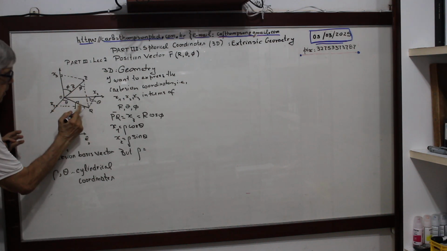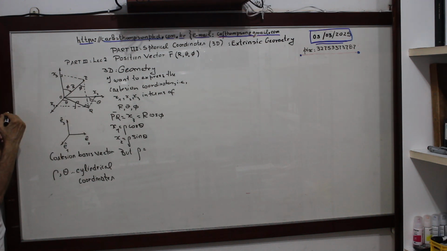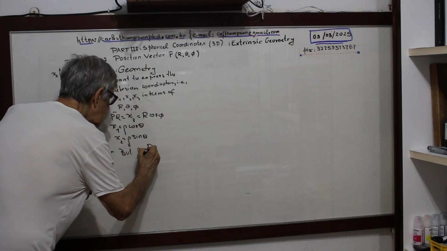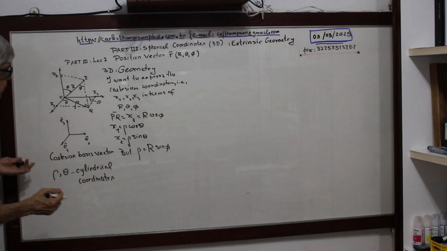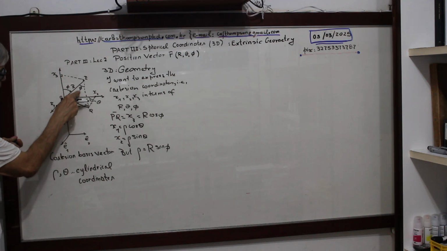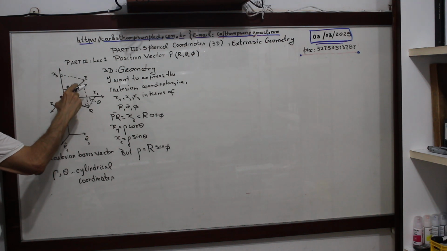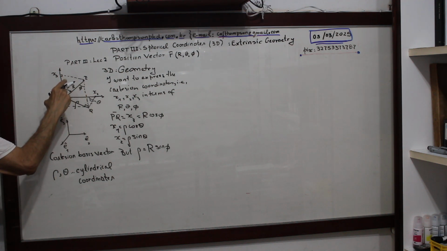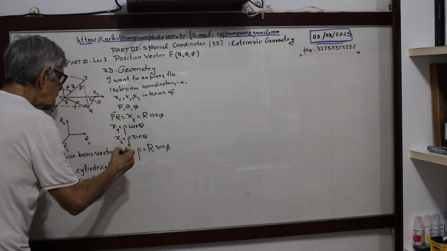Look at this triangle over here, a right angle triangle. So this is rho. It will be r sine of phi. Phi over here is opposite to rho, and OP is the hypotenuse, R. So rho is R sine phi. So that's it.